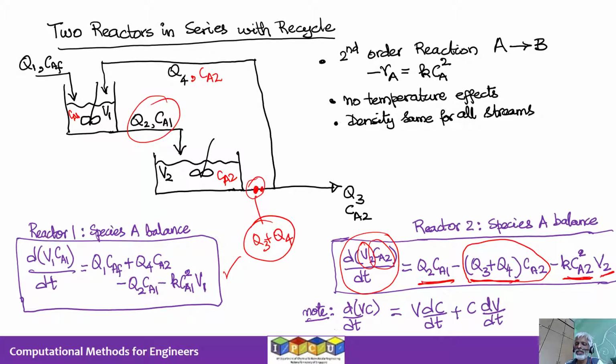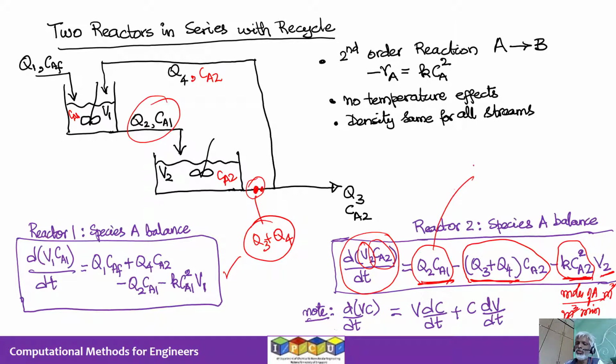Therefore, the rate of the reaction is going to be equal to K CA2 squared. Remember, the rate of the reaction is always in moles of A, because we are talking about species A, per meter cube per minute. And when you multiply it with volume, which has units of meter cube, you get moles of A per minute.